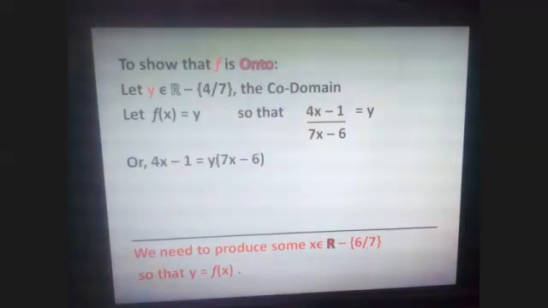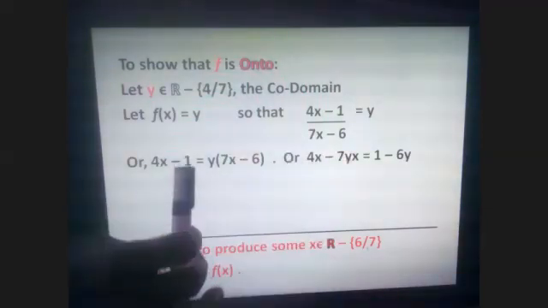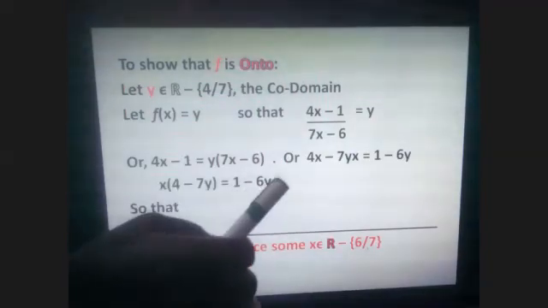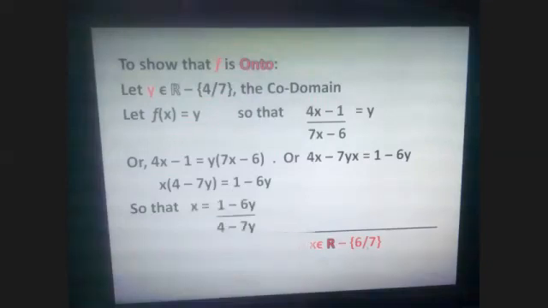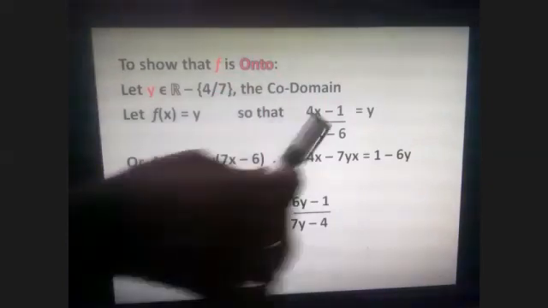Cross multiplying, 4x minus 1 equal to y into (7x minus 6), or 4x minus 7xy equal to minus 1 minus 6y... or x into (4 minus 7y) equal to 1 minus 6y. Or what is x? (1 minus 6y)/(4 minus 7y), or as good as (6y minus 1)/(7y minus 4).